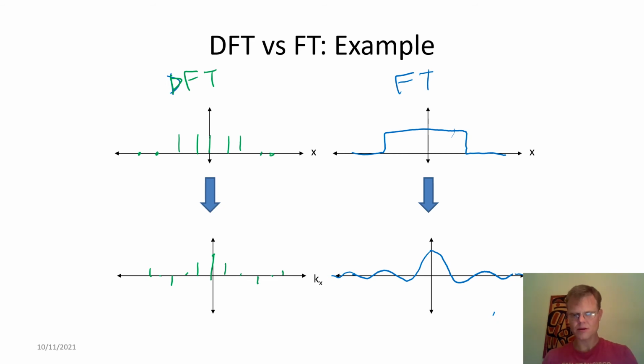Okay, so we still have the basic identities: the shift theorem, the scaling, sinc rect pairs, convolution. These will all actually hold whether we're doing discrete or continuous Fourier transforms.